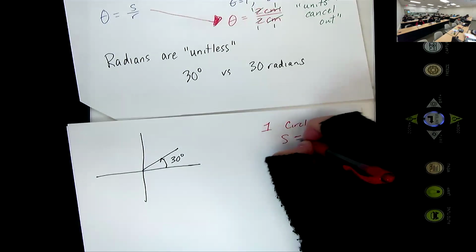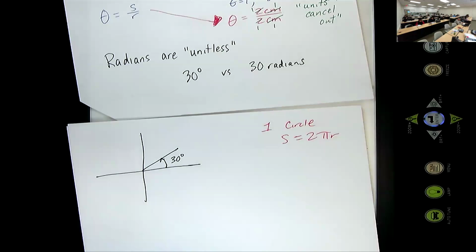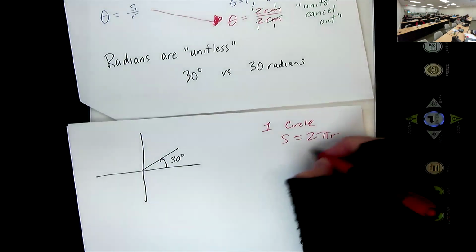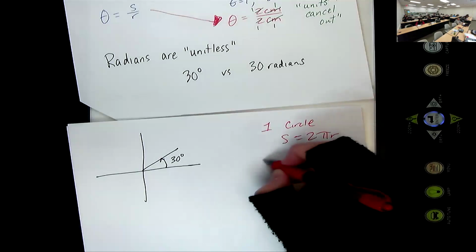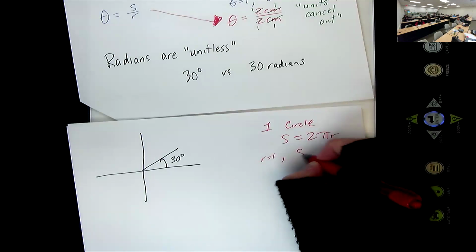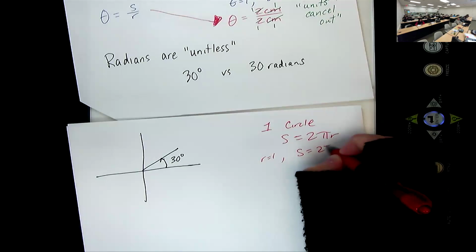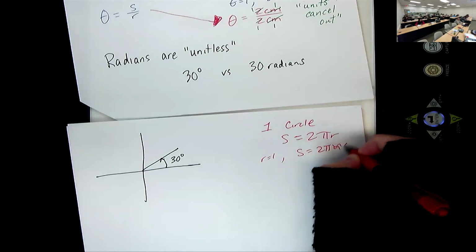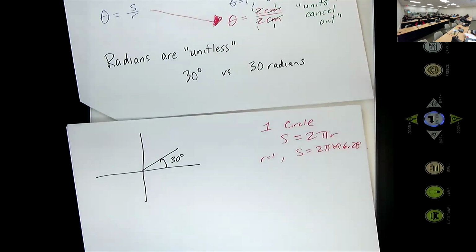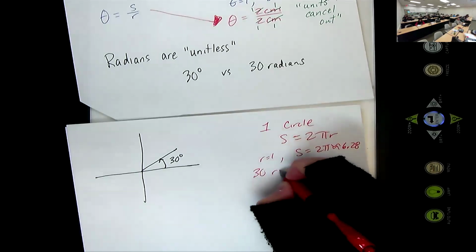S equals 2 pi r, the arc length. If we say r equals 1 here, we see that s, a full circle, is 2 pi, which is about 6.28. Which means 30 radians.